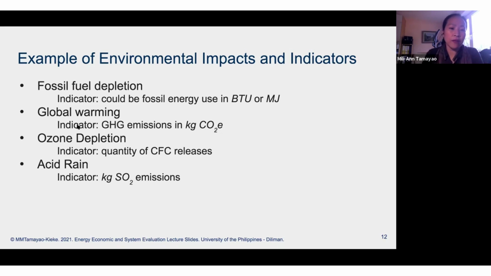And then for global warming, the indicator could be greenhouse gas emissions in kilogram CO2 equivalent, for ozone depletion, etc. So in estimating, we want to quantify, and of course, we want to use a specific unit of measurement, and the relevant indicator for that environmental impact.